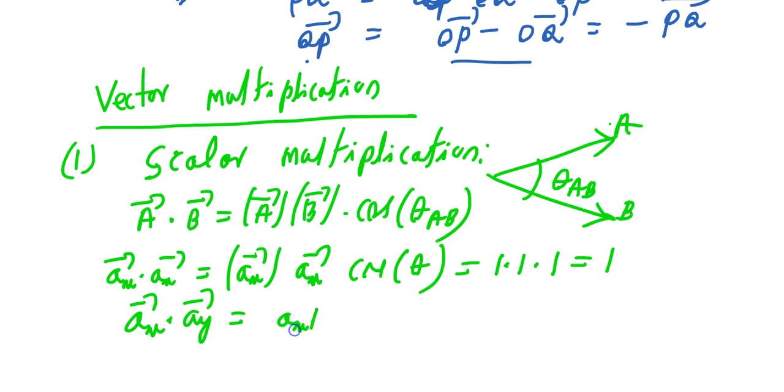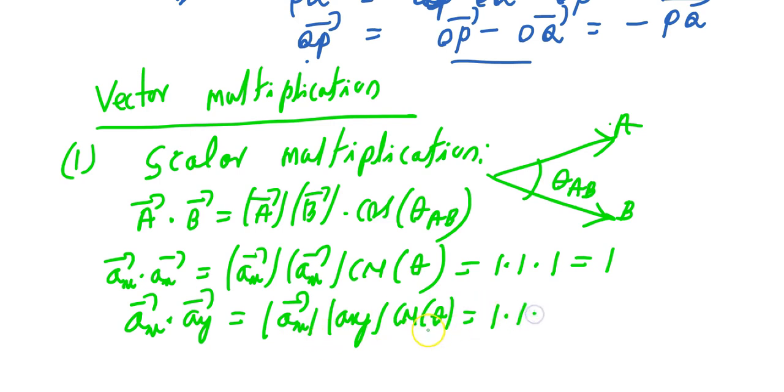The magnitude of AX 1, magnitude of AY 1, and cos of angle between them. X and Y have the angle of 90 degrees, mutually perpendicular. So cos of 90 is 0, so 0.